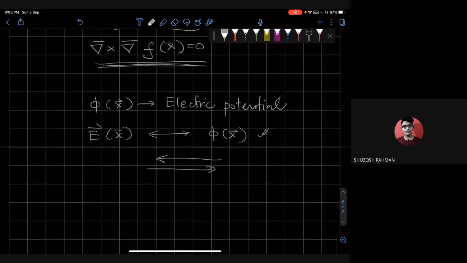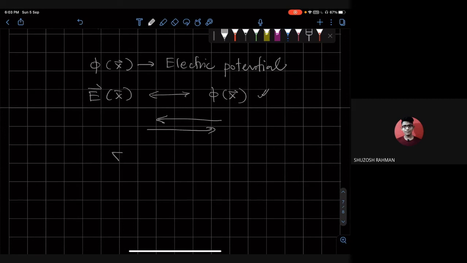So similarly, you know that the divergence of the magnetic field is 0, right? This is saying that there is no magnetic monopole. That is what this equation is saying.